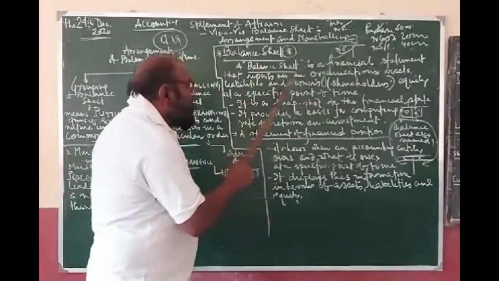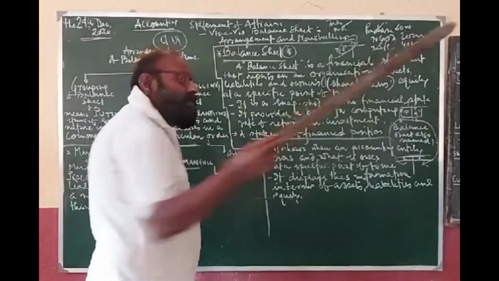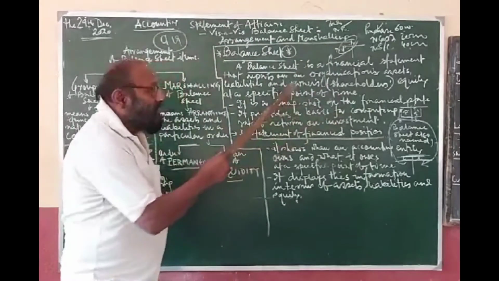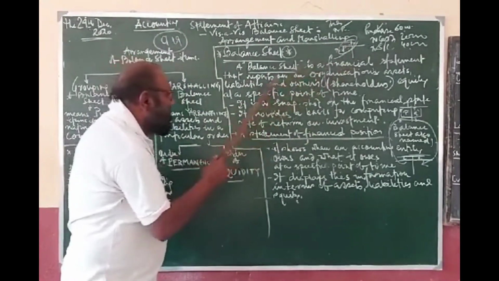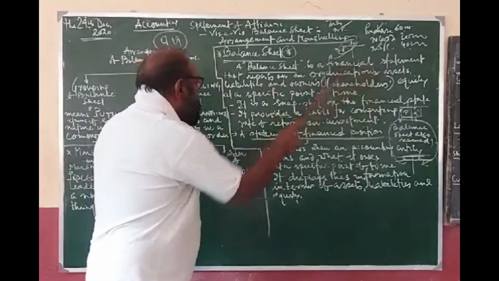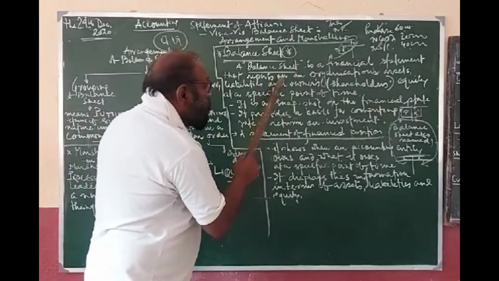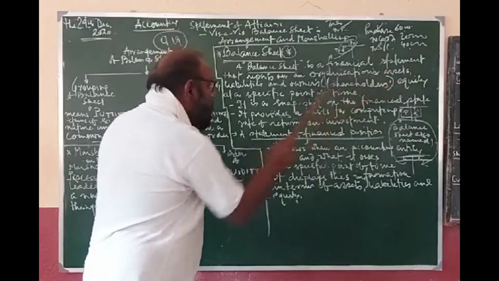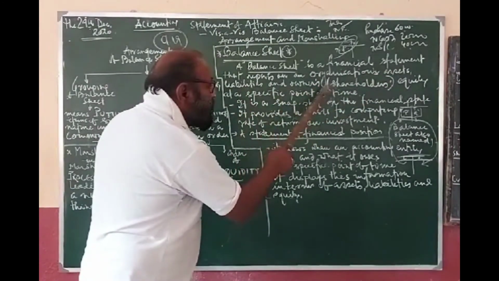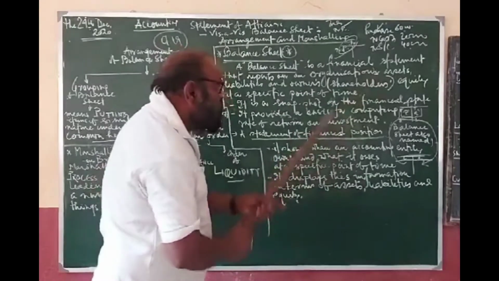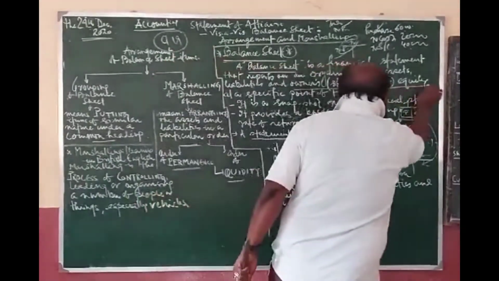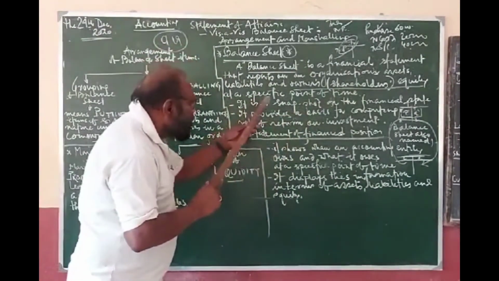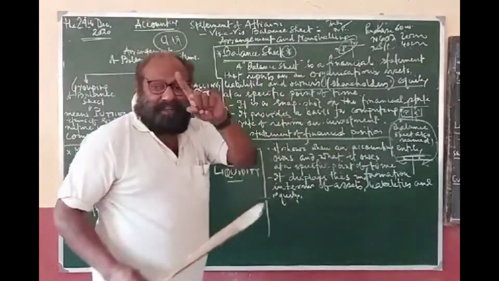A balance sheet is a financial statement that reports on an organization's assets, liabilities, and owner's equity, which I have already discussed, at a specific point of time, mind it.